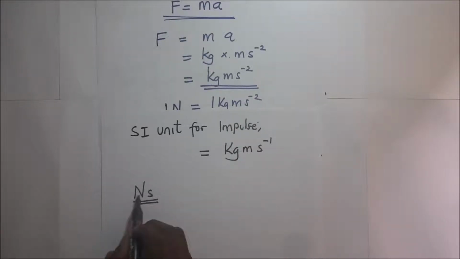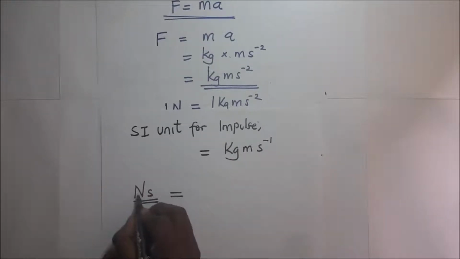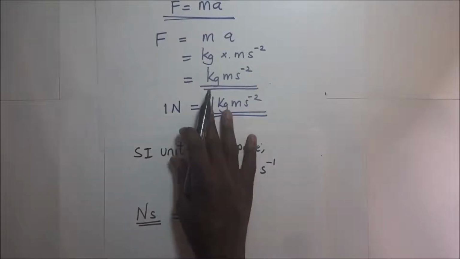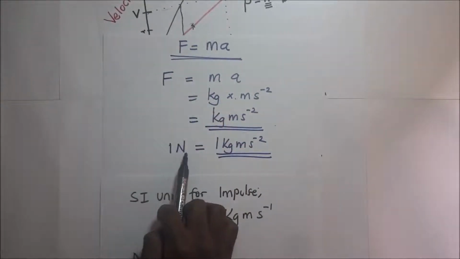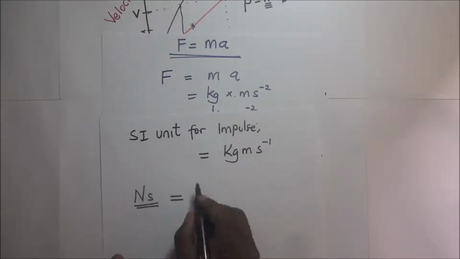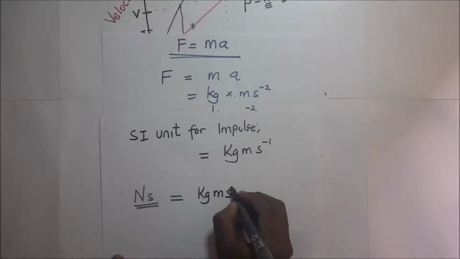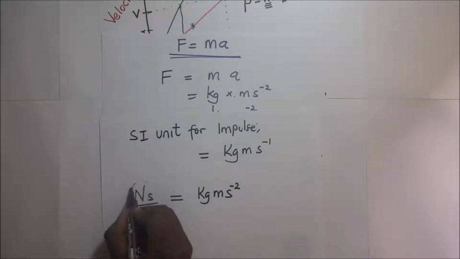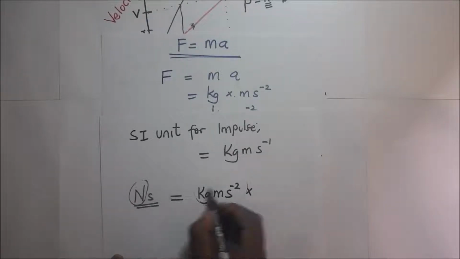Now how does this Newton second come in? Of course, if we break this down, it will lead us to this. We know that 1 Newton, from what we've been doing previously, force is equal to ma. We established that 1 Newton is the same as 1 kilogram meter per second squared. So this is like saying kilogram meters per second to the power negative 2. That is the Newton we have put here. Multiply that by the second.